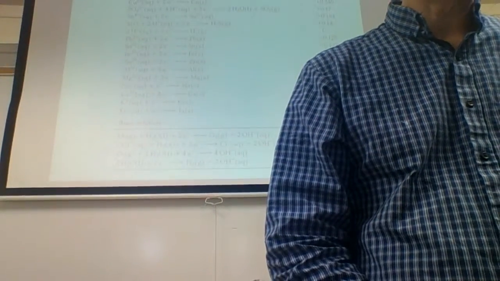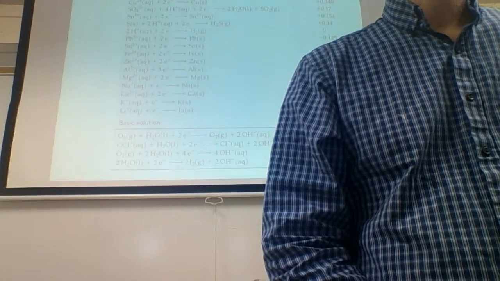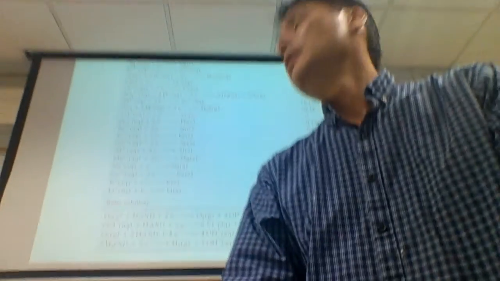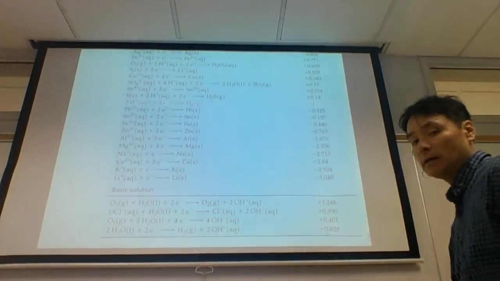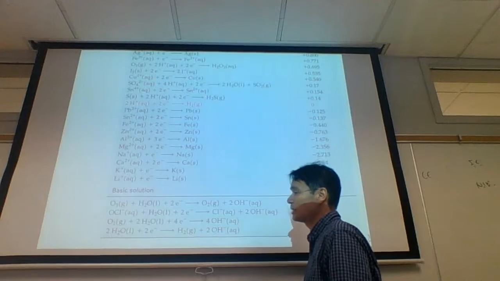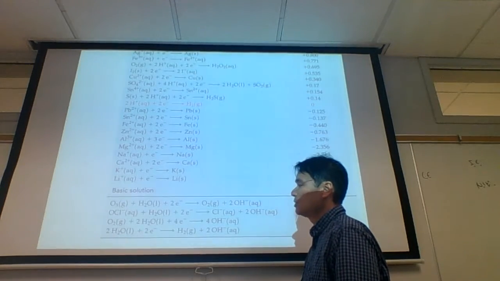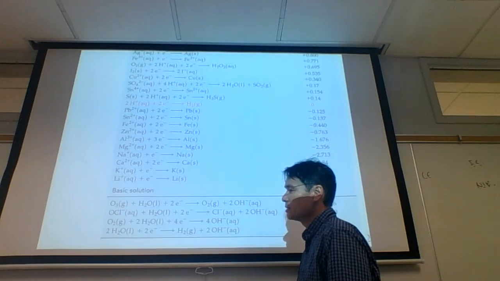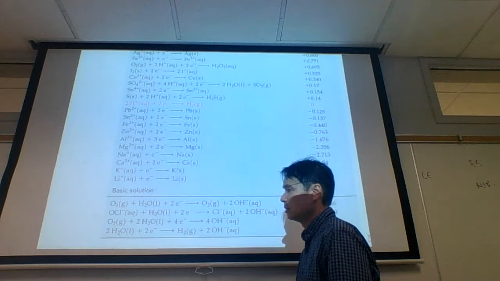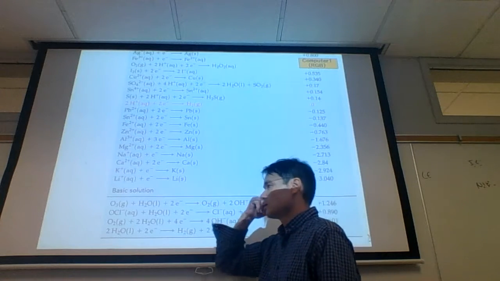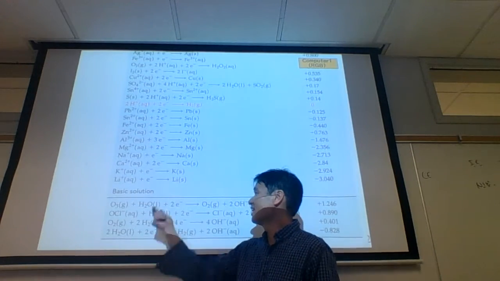So we're less likely to be tricked into making wrong predictions. But we should get more familiar with oxidizers and reducers. And so we're going to look at this chart.